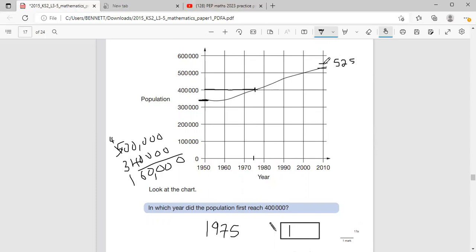I could estimate this to be about 510,000. No, these are 5s, so this will be about 5-2. Alright, so we're going to say it's 525,000.